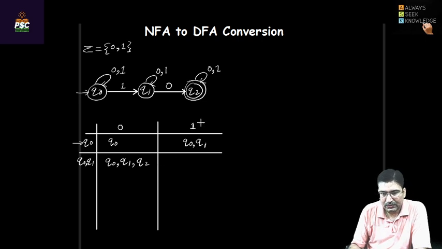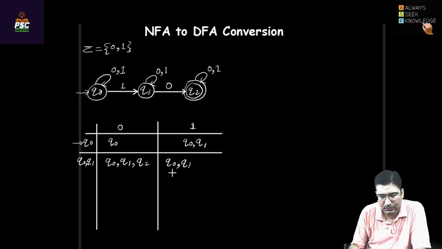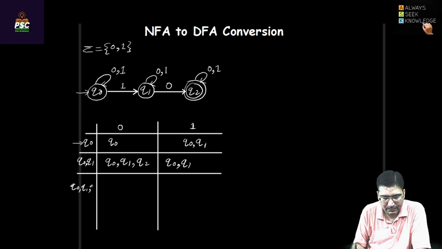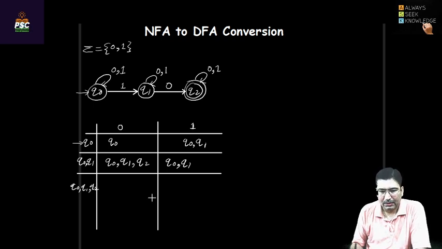Then for 1, we are reaching Q0 as well as Q1, and on Q1 when 1 is coming you are at Q1 only, so there will be only 2 states, right? But for this Q0 Q1 state we have already written the transitions, so we need not consider it. We got one new state, that is Q0 Q1 Q2, so we write a combined state Q0 Q1 and Q2.